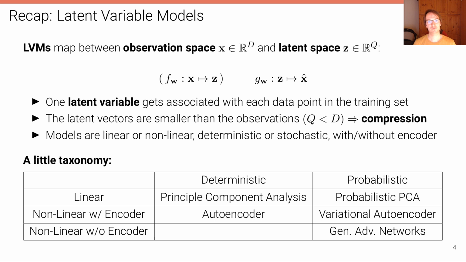They allow for sampling new data points given a trained model. But in contrast to variational autoencoders, they do not have an encoder F. They just have a decoder G. And they are trained using a completely different paradigm compared to variational autoencoders.